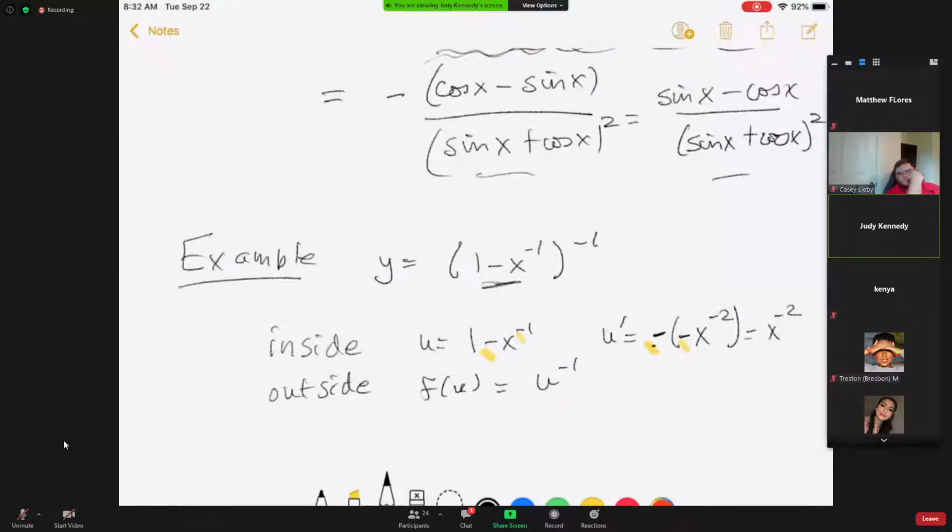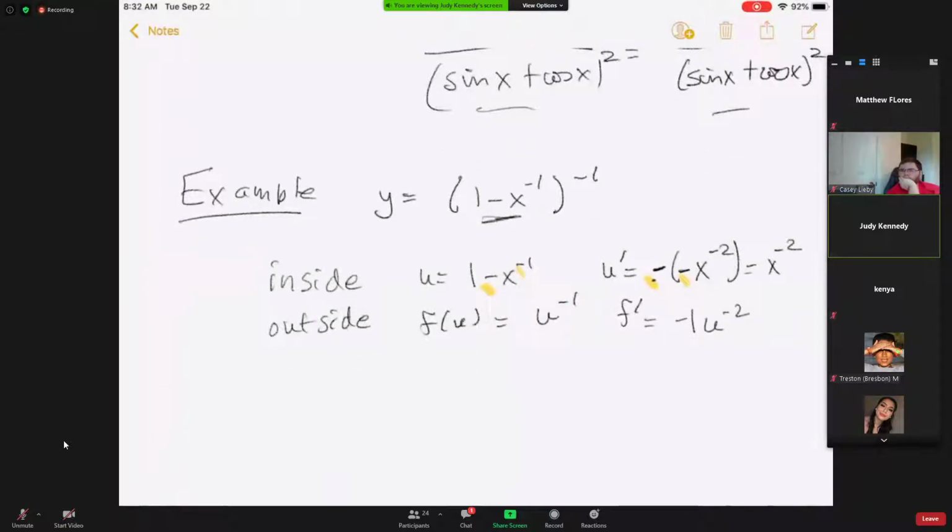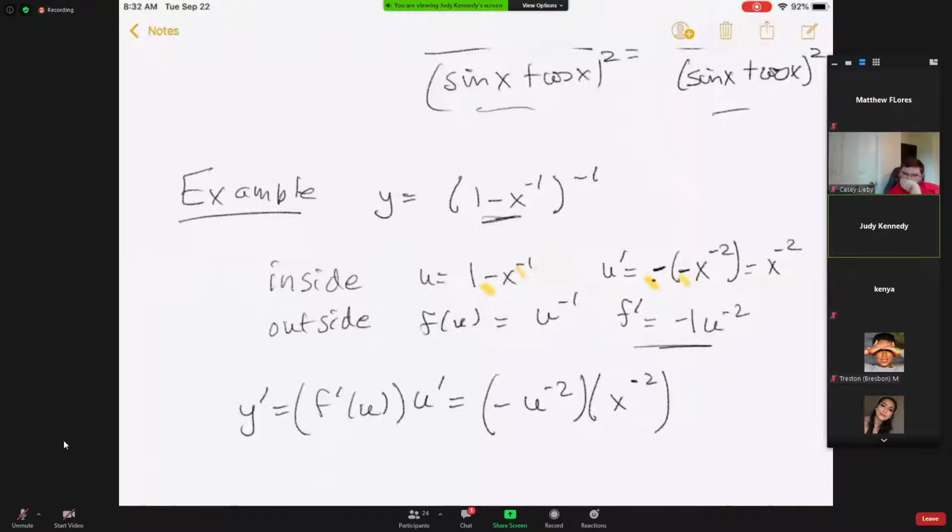And then the outside function, okay. Well, same thing. F prime is that function. So y prime is f prime of u times u prime, which is, here's f prime of u right there, minus u to the minus 2 times u prime, which we've already computed.